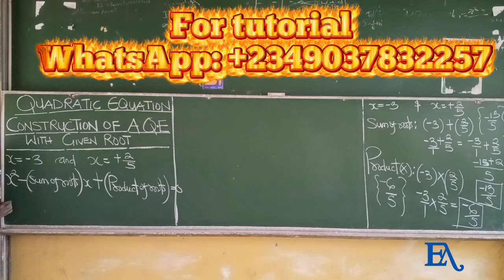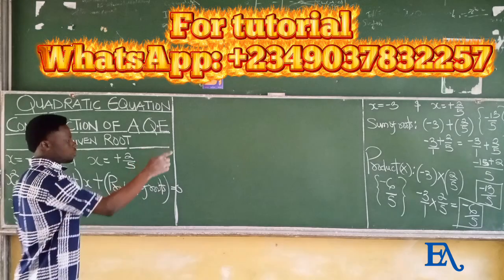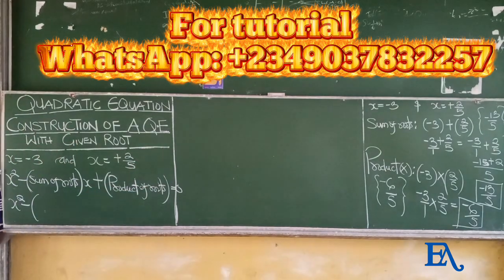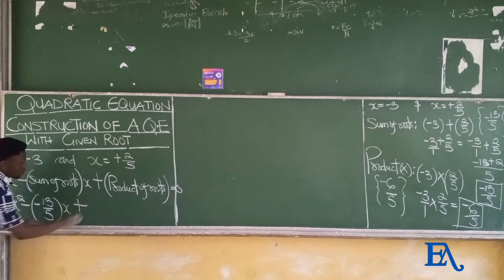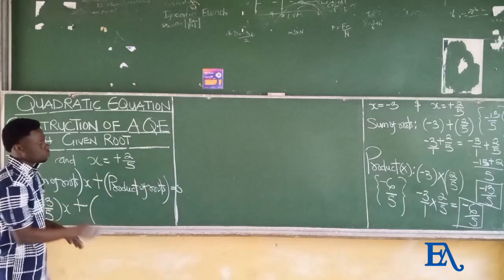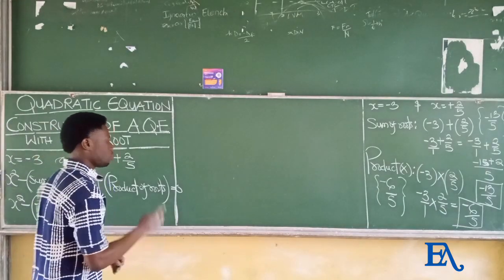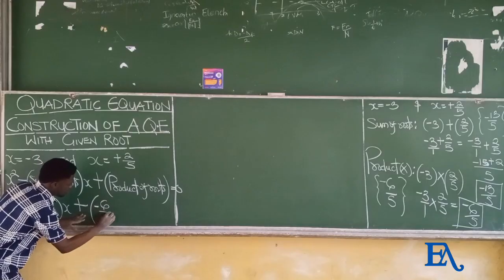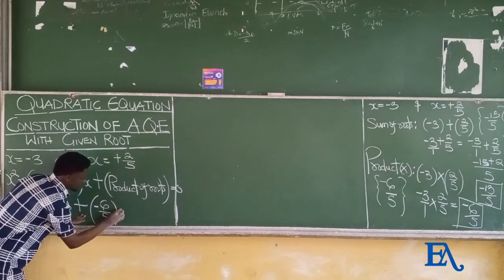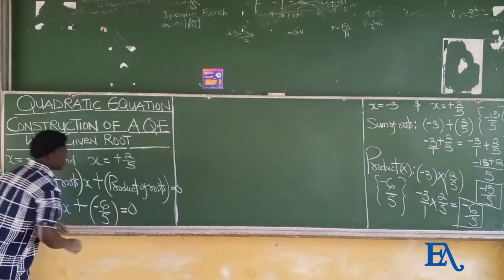We have x squared minus the sum of roots, which is minus 13 over 5, times x plus the product of roots, which is minus 6 over 5, equal to 0.